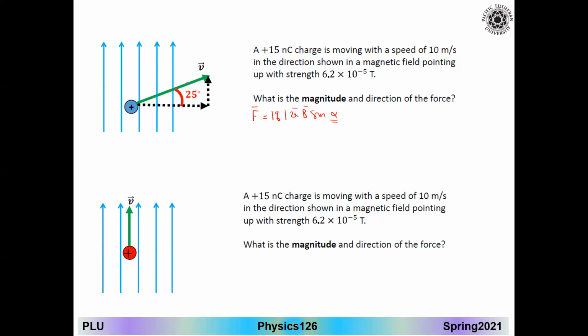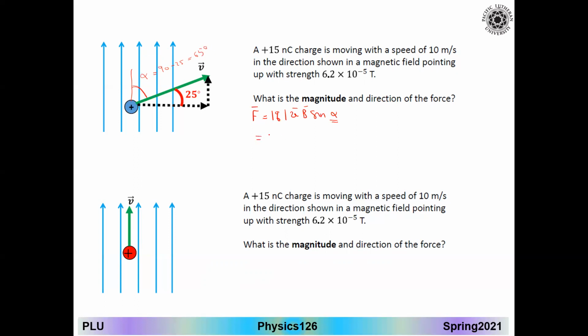So right now, this is my velocity, and this is the direction of the magnetic field, so my alpha is this angle here, which in this case is just 90 minus 25, so this should be 65. It's nothing to do with sine or cosine, it's still sine. I just need to identify the angle and apply my formula.